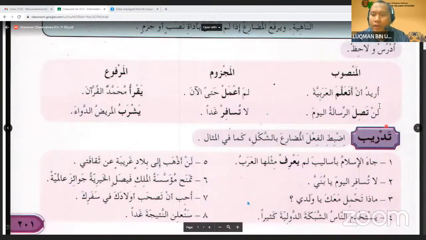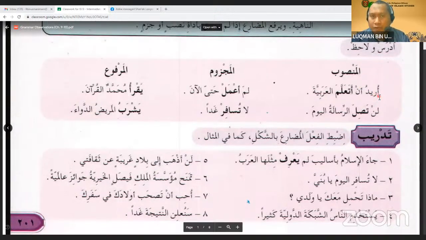Example, a verbal sentence, because we're talking about verbs. Uridu an ata'allama al-arabiyyata. So here the verb ata'allama is the first person imperfect tense of the verb. Uridu, I want. An ata'allama, I want to learn Arabic.